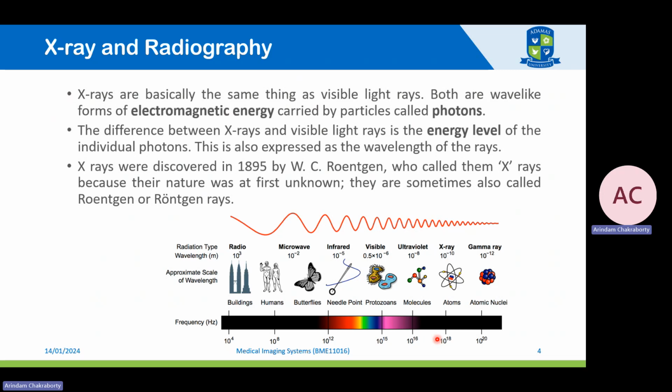Therefore, visible light cannot penetrate a living system to visualize internal organs and can only image structures superficially, whereas X-rays can be used to visualize the internal aspects of a system. X-rays were discovered by Röntgen in 1895, and they were termed X-rays because initially their nature was unknown.